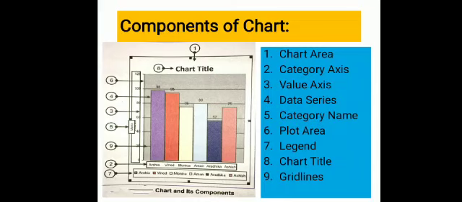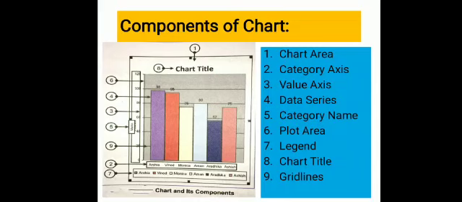Value axis, y-axis, vertical axis, and it is used to plot the value. Next one is data series. Data series are bars, slices or the other element that shows the data value. Next is category name. Category names are the labels displayed on the x or y axis.